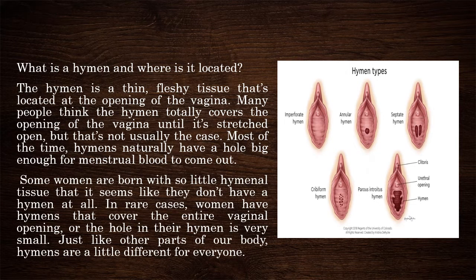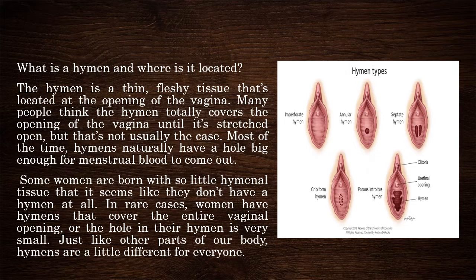Some women are born with so little hymenal tissue that it seems like they don't have a hymen at all. In rare cases, women have hymens that cover the entire vaginal opening, or the hole in their hymen is very small. Just like other parts of the human body, hymens are a little different for everyone.